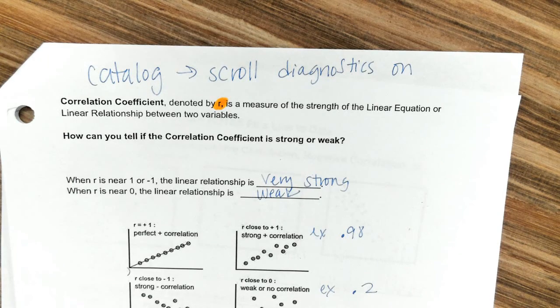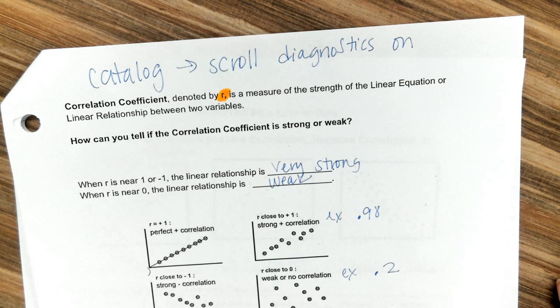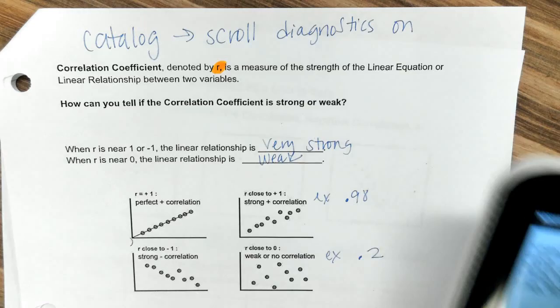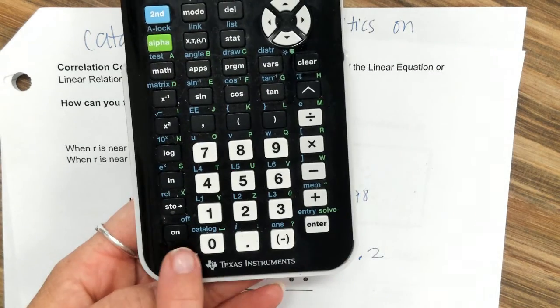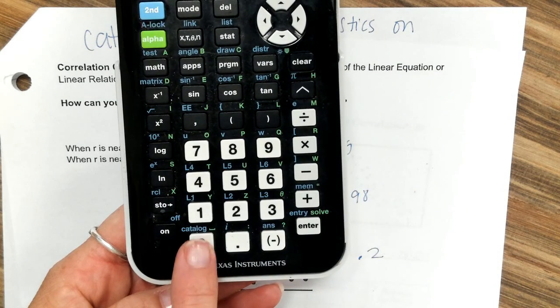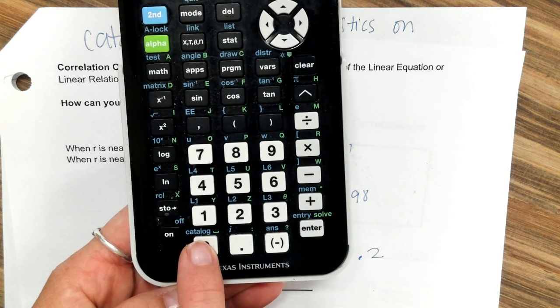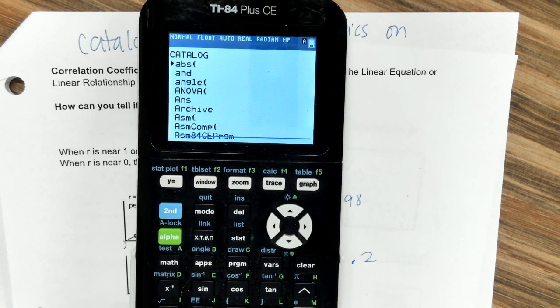So find in your calculator in blue above the 0 button where it says catalog. Do y'all see above 0, right here in blue? Hit second, catalog, and this screen's going to pop up.